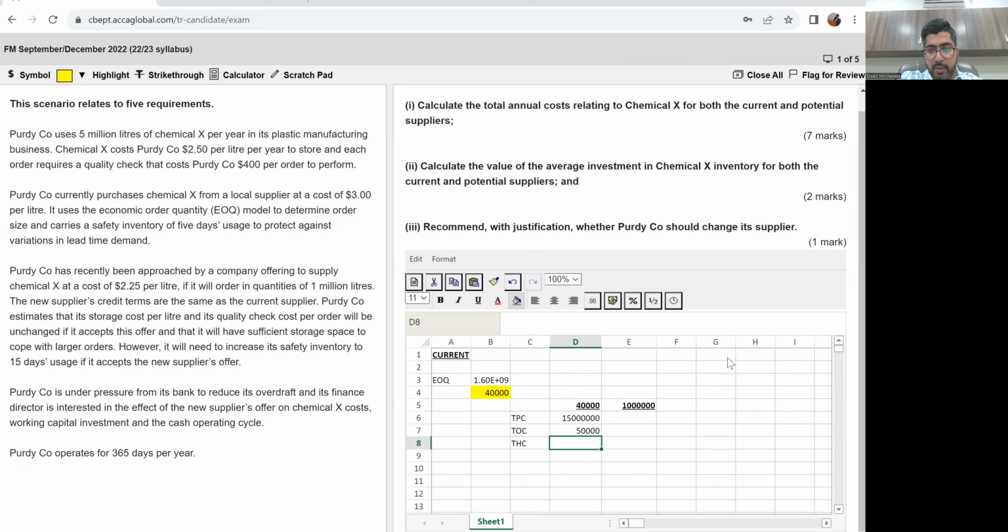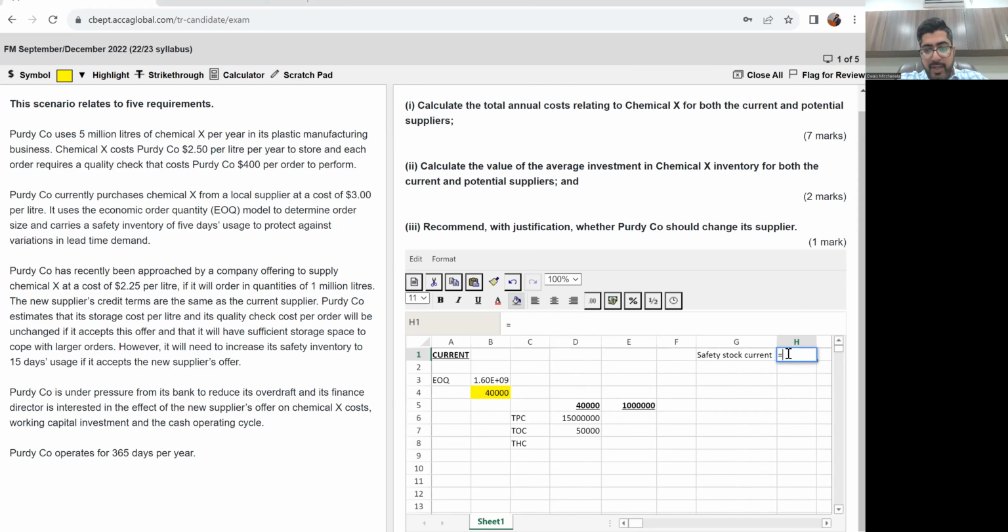So if you try to find the safety stock, the current safety stock is basically 5 days usage.